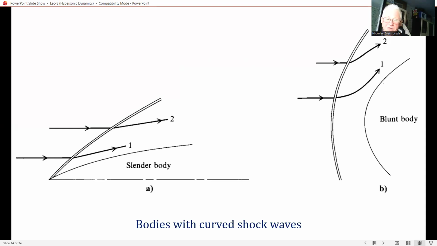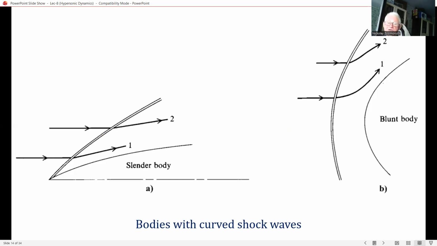For example, in both figures, A on the left and B on the right, streamline 1 has a higher entropy than streamline 2, because it has gone through a stronger portion of the shock wave.